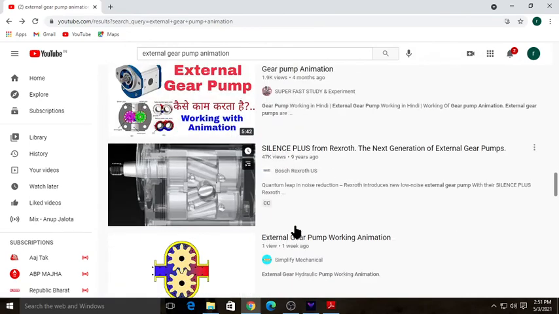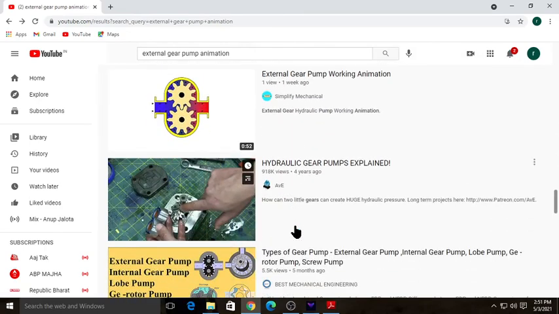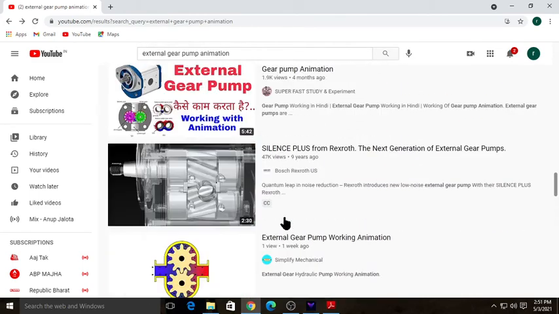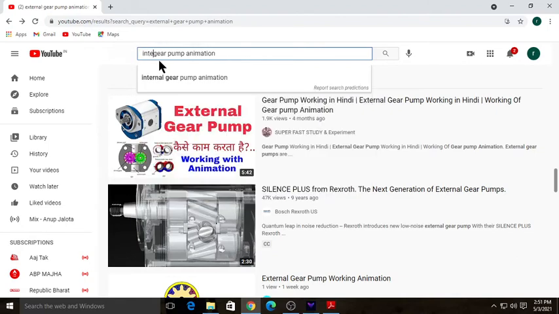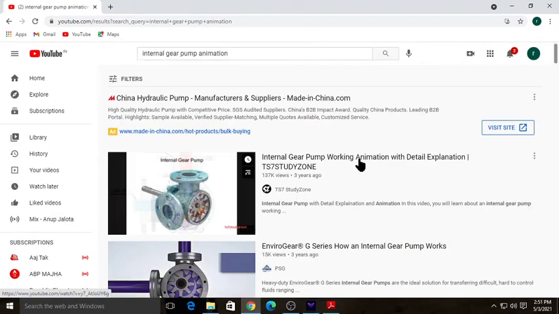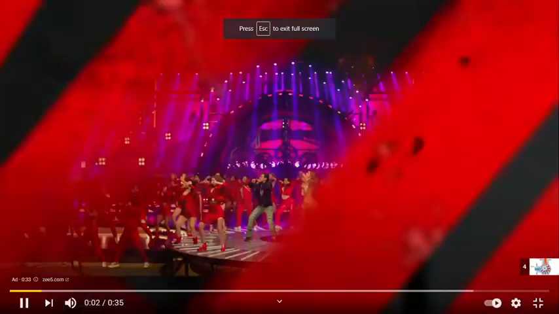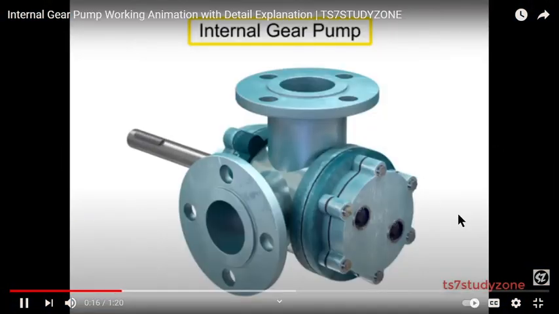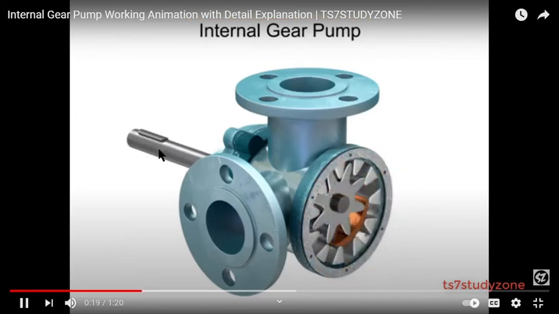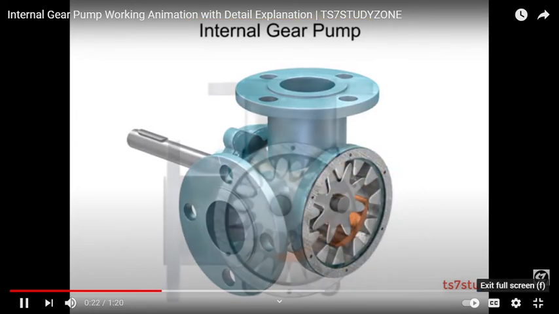Now we will see the internal gear pump. This is the working of the internal gear pump. The internal gear pump has an inlet and outlet. This is connected with the prime mover or motor.